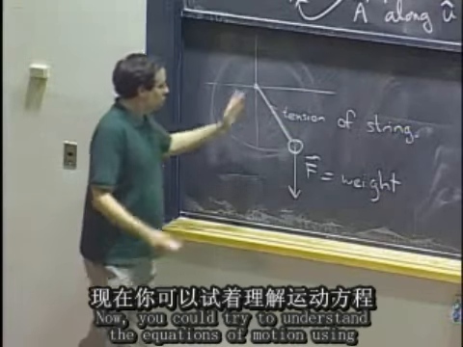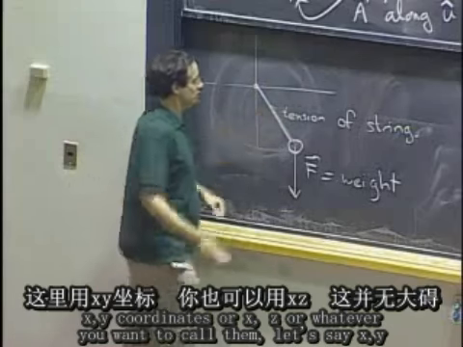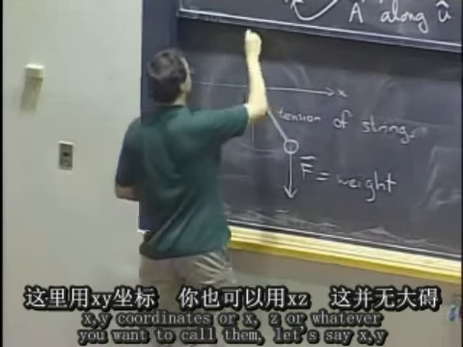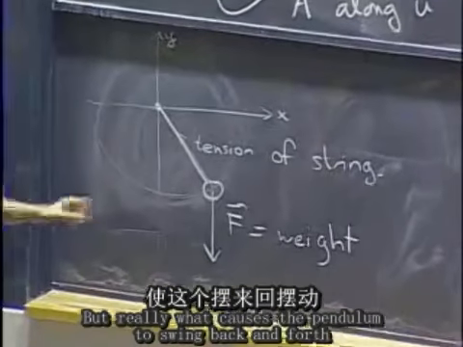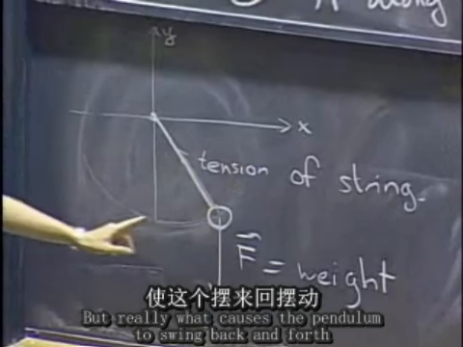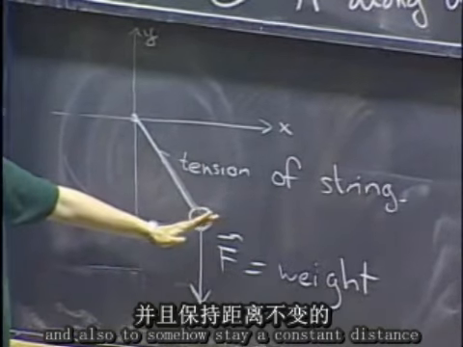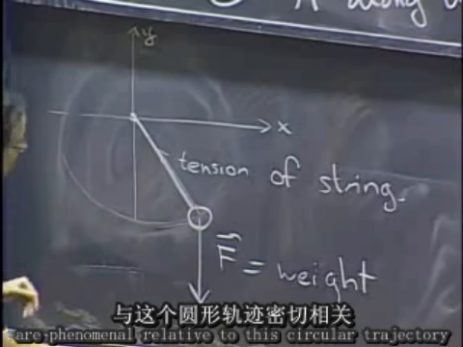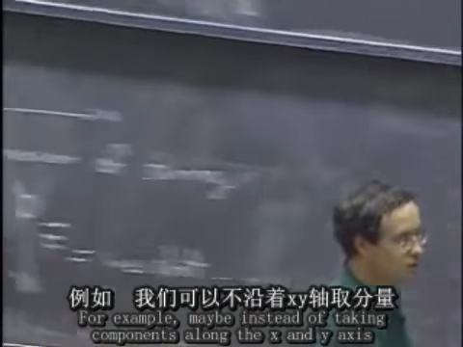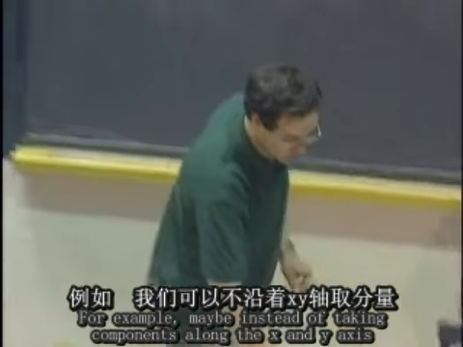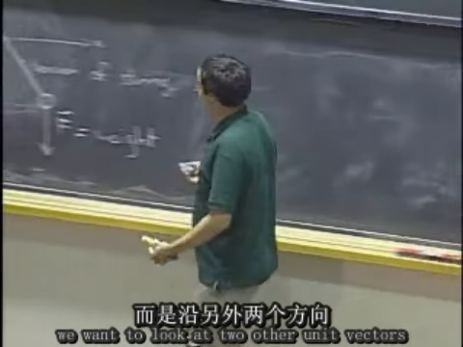Now, you could try to understand the equations of motion using xy coordinates, let's say xy. But really, what causes the pendulum to swing back and forth, and also to stay at constant distance, are phenomena relative to this circular trajectory. So, instead of taking components along the x and y axes, we want to look at two other unit vectors.